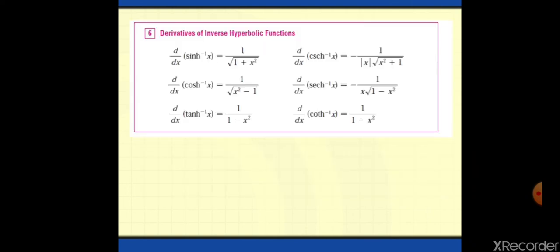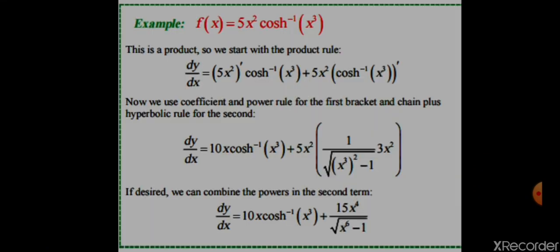The derivatives of the inverse hyperbolic functions here, you can use the rules, for example, to find the derivative of a function f of x here. To find f prime, here we have a product of 2 functions. So the derivative of the first, which is 10x, you can write here 10x times the second, plus the first, 5x squared, times the derivative of the second.